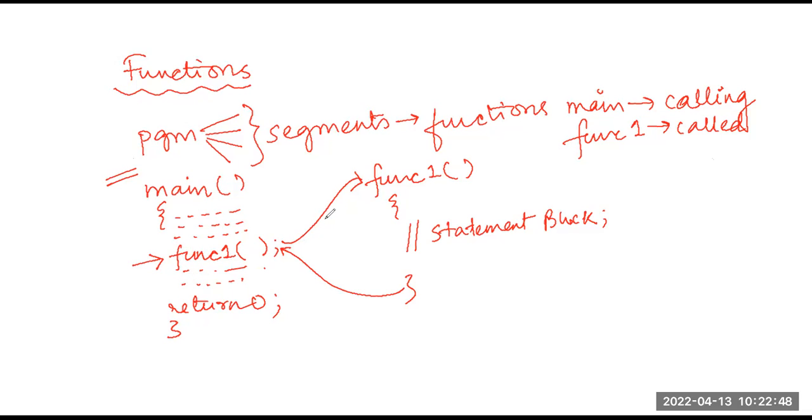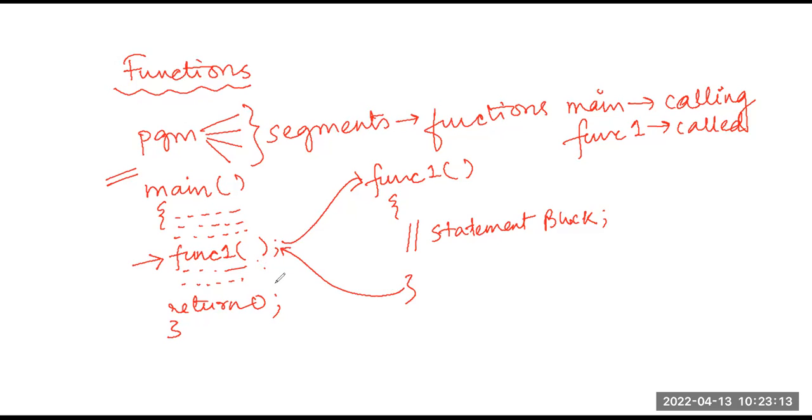It will directly jump to where the function is written. The control will jump to the statements that are part of the called function. After the called function is executed, the control is again returned back to the calling function. Then after this, all the statements below will be executed.